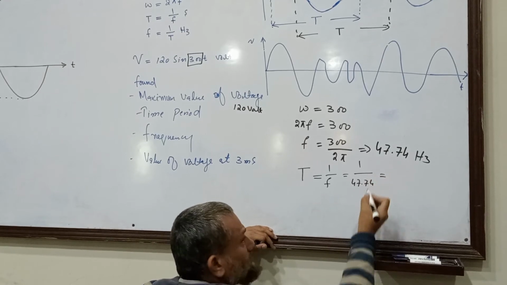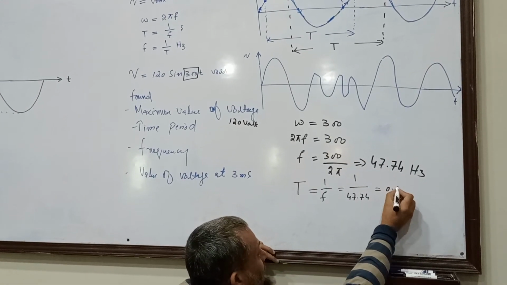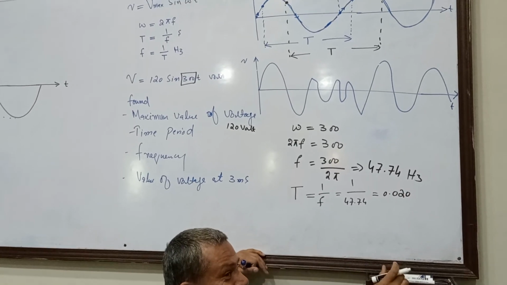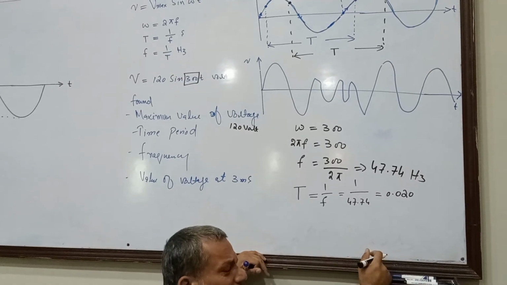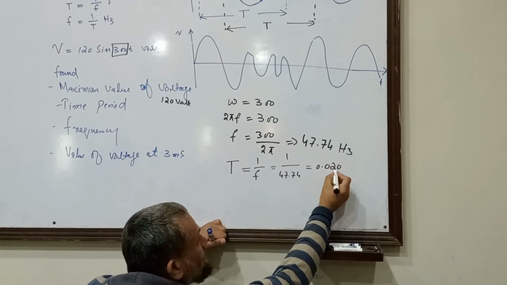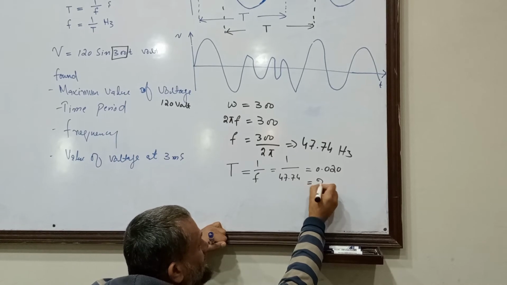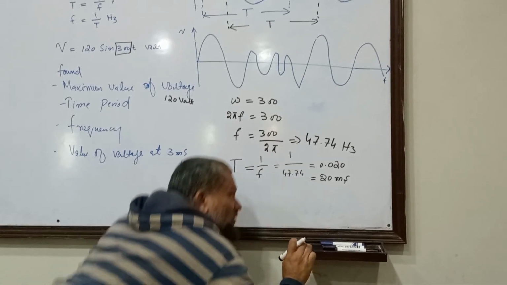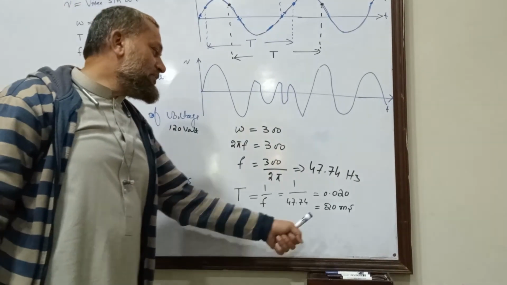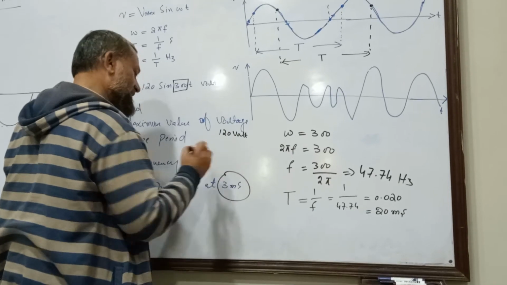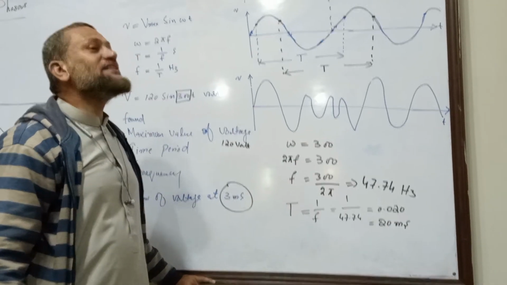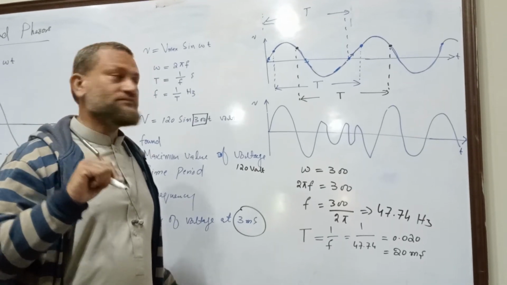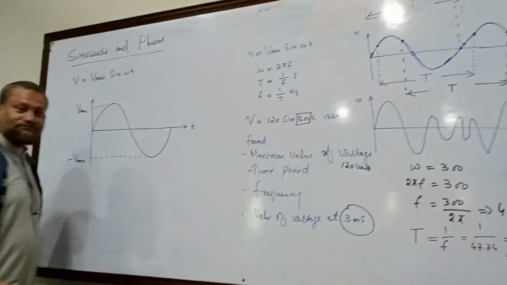It is 0.020, and in milliseconds, it is 20 milliseconds. This is the time period. So what will be the value after 3 milliseconds? That is an instantaneous value of that sine wave. Understand my point?